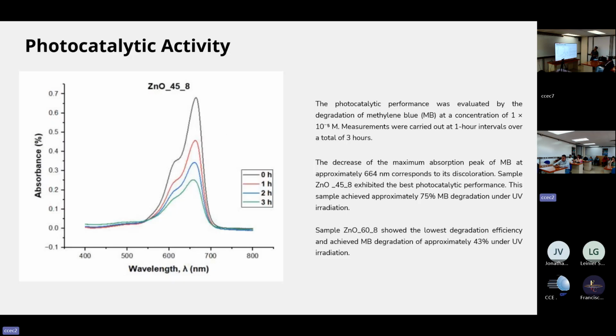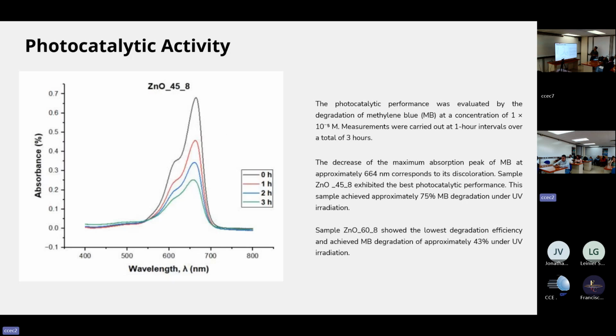Kinetic analysis shows that the process follows pseudo-first-order kinetics with rate constant values between 0.05 and 0.356 hours to the minus 1.